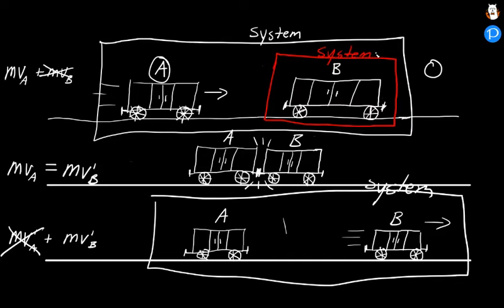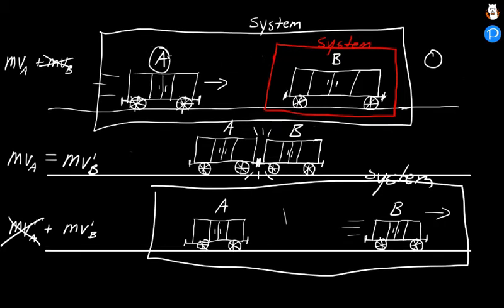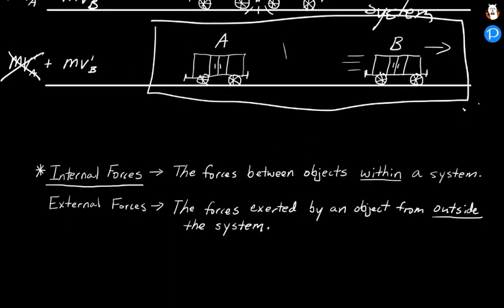But if I were just to define the system as only car B or only car A, we could do that as well. But if it was only car B, now car A becomes an external force acting on B, because an external force is a force exerted by an object from outside the system, okay?